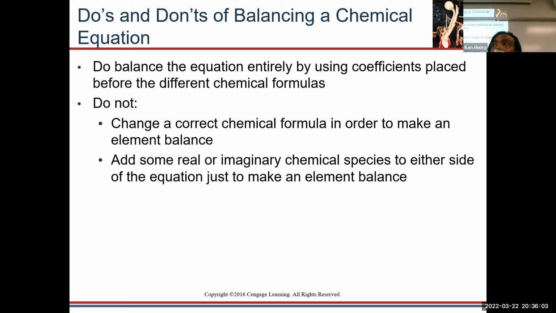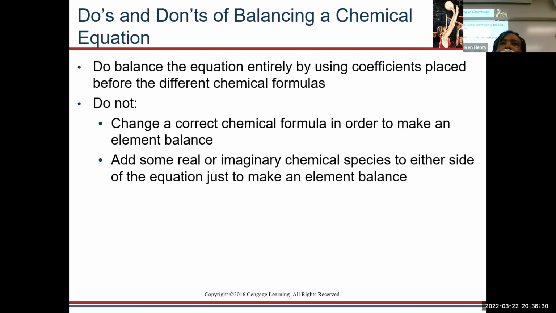So do's and don'ts to balancing chemical equations. Do's. The first thing that we always want to do is make sure that we have the chemical formula correct. The second thing that we want to do is use coefficients to balance out the chemical equations once those chemical formulas are correct. Don'ts. You don't want to make up stuff.